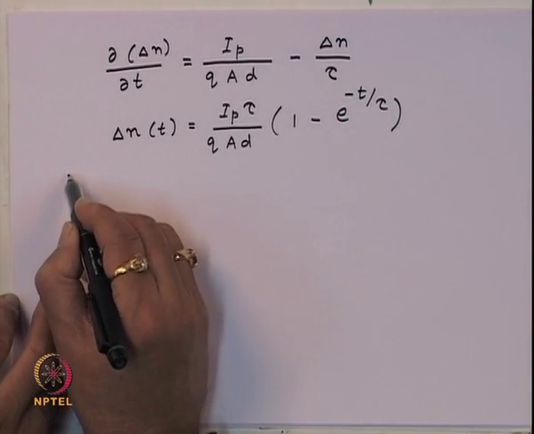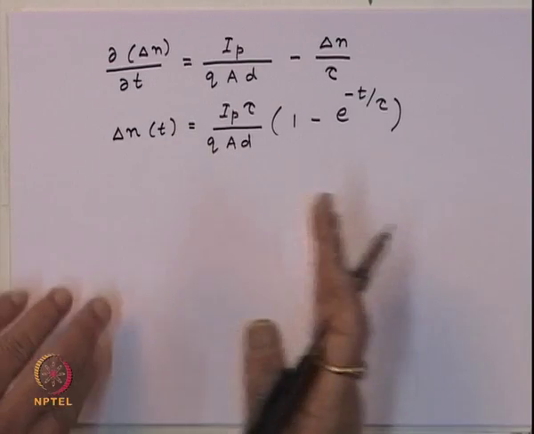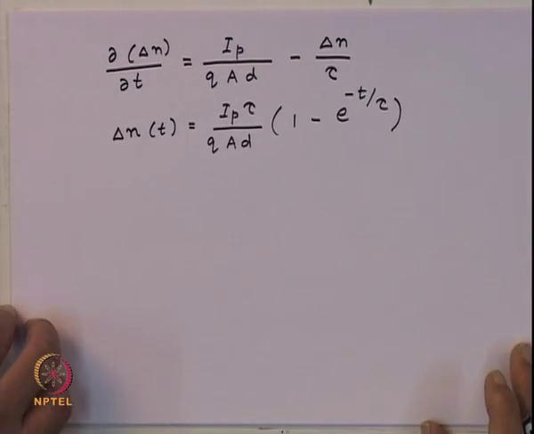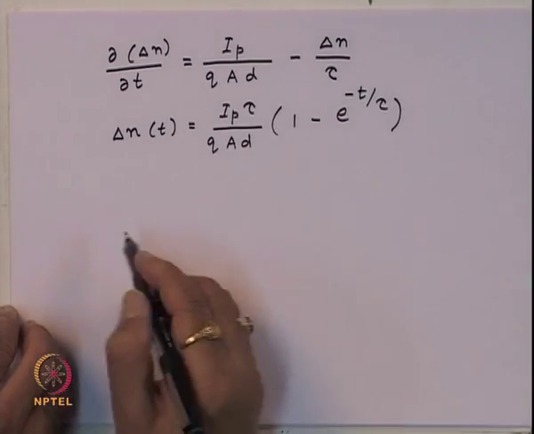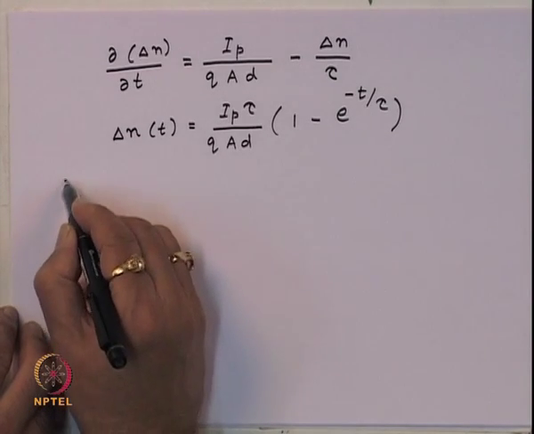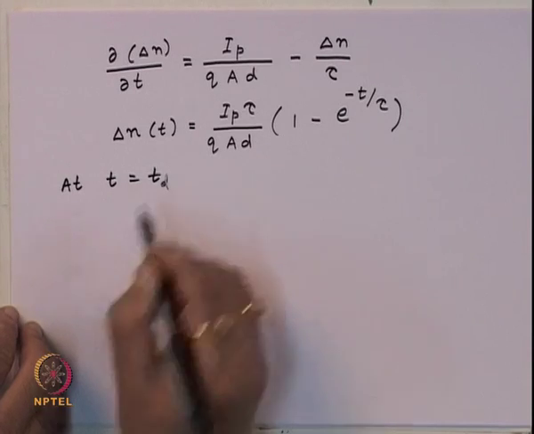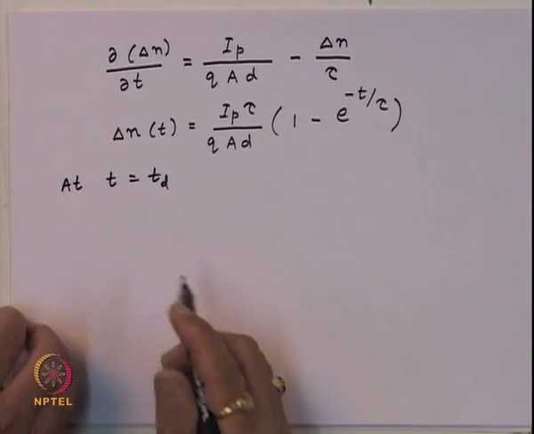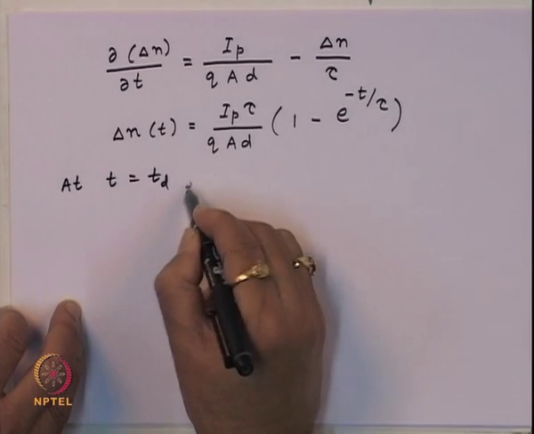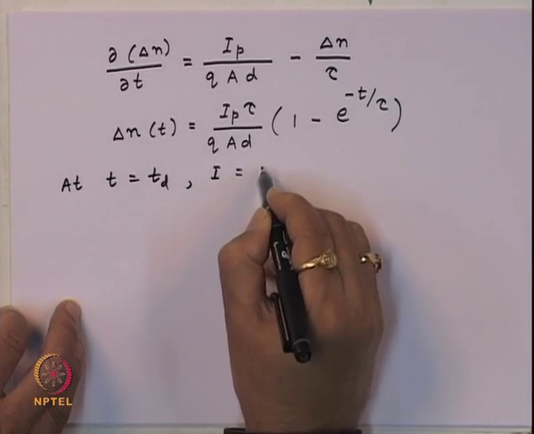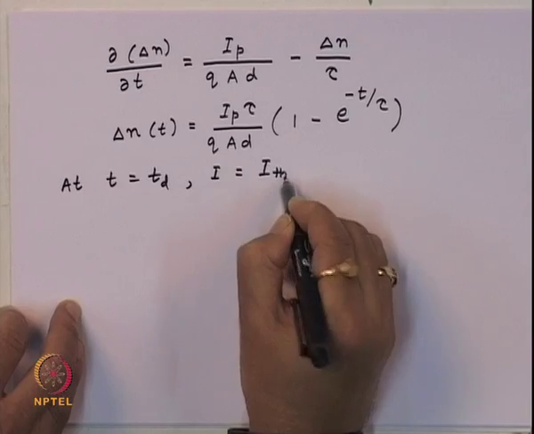Let us say the time which it takes to build that electron density is given by T d. Then at T is equal to T d, that much delay in building that electron density, the current reaches the threshold current.